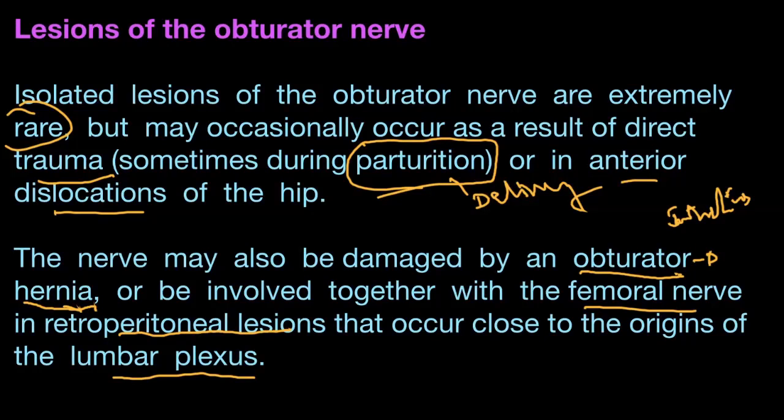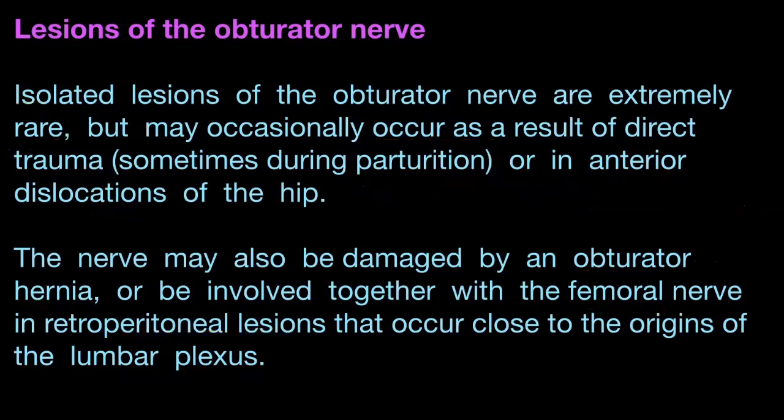So they will develop obturator neuropathy. Compression of the nerve by herniated bowels at the obturator foramen can result in pain referred to the hip, medial thigh, and knee. Okay, this pain will be at the hip joint, medial thigh, and knee.